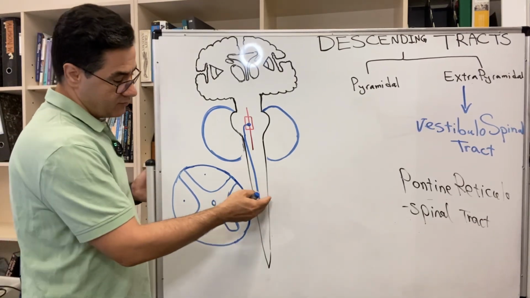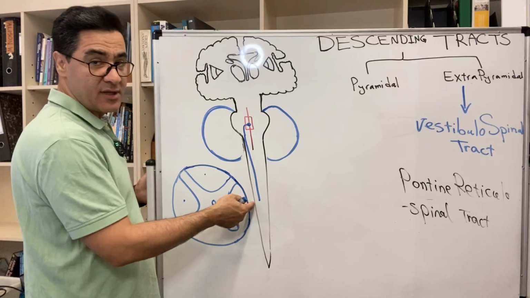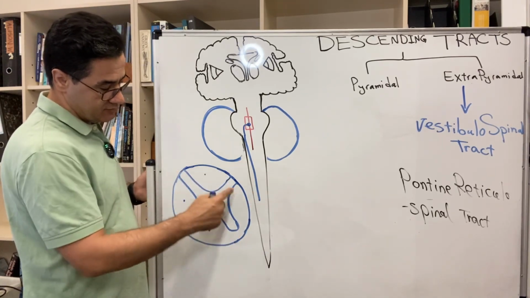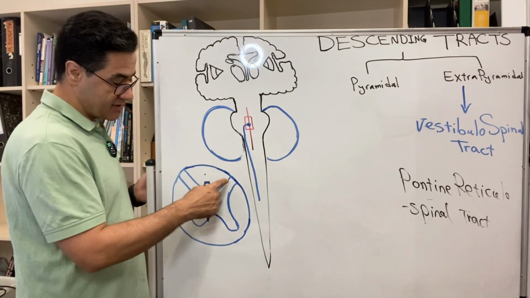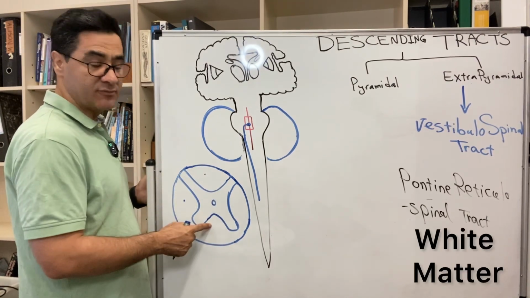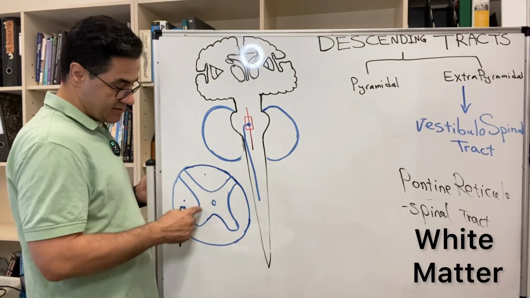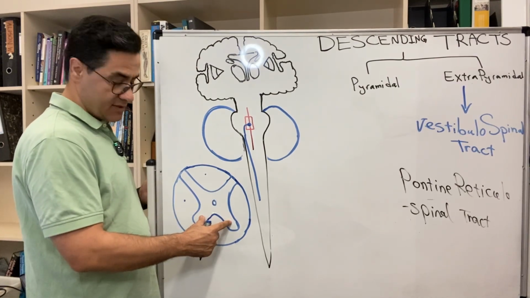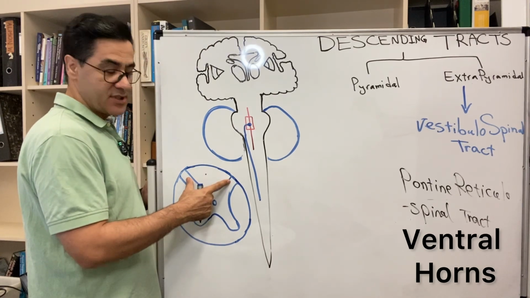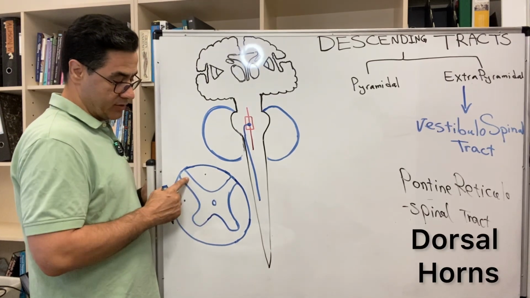So what's going to do that when it gets into the spinal cord? If you take a cross section through the spinal cord, you can see this butterfly shaped gray matter at the center, which is surrounded by the white matter. Gray matter contains two anterior projections, also called ventral or anterior horn, and two posterior projections, so dorsal or posterior horns.